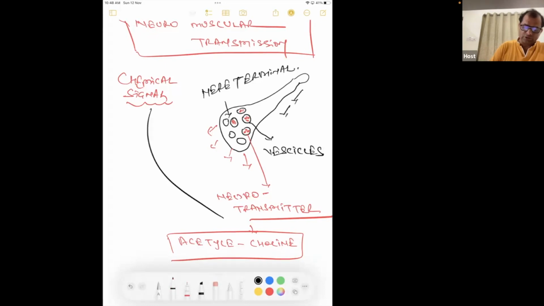So when the action potential, or the electric current, is coming, then the vesicles come in contact with this nerve ending membrane, the presynaptic membrane, and release the acetylcholine. The more the acetylcholine, the more the muscle contraction, or we say the more the muscle depolarization.